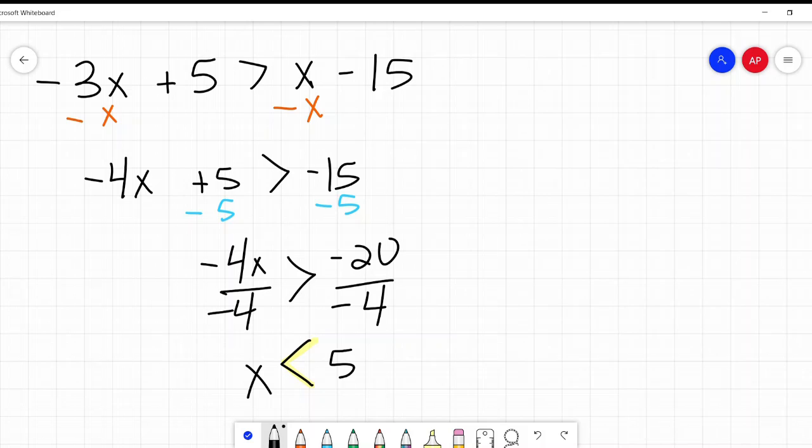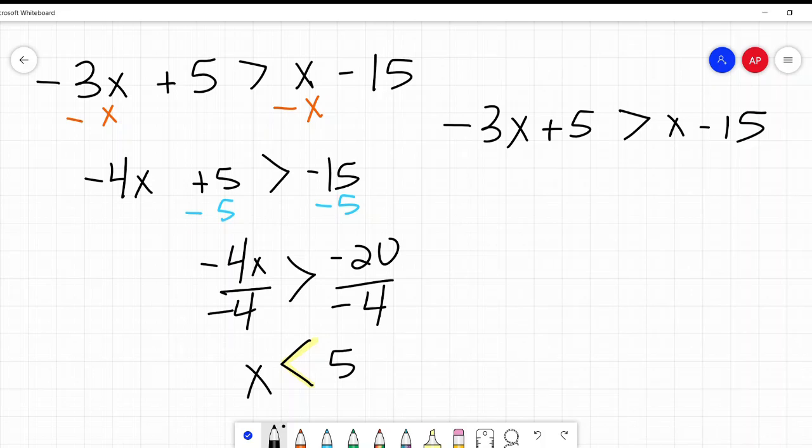Here's another reason why. I'll show you. Remember I mentioned before, it doesn't matter what side the variables are on or what side the numbers are on. It's just variables on one side, numbers on the other. It doesn't matter which side you're moving the variables to, you get the same answer. Well, that's true when we're doing equations.